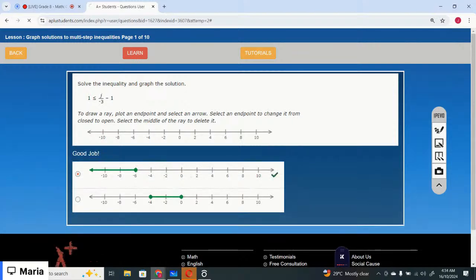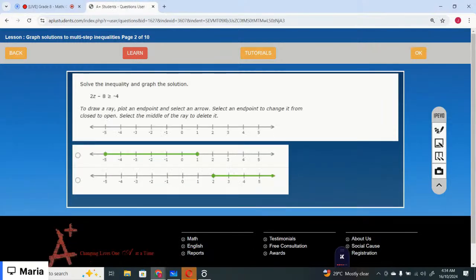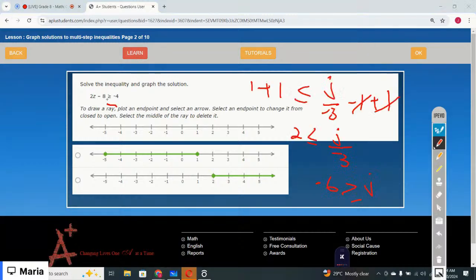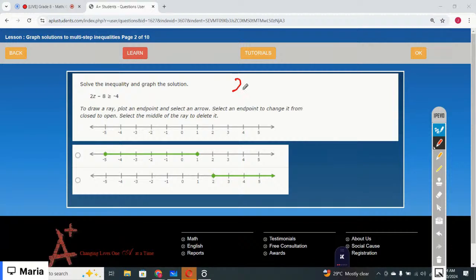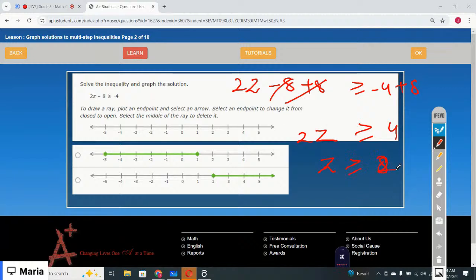So you just have to evaluate and then see which is the correct option, right? The graph is given. Solve the inequality and graph the solution. That is 2z minus 8 is greater than or equal to negative 4. So that is 2z minus 8 plus 8, negative 4 plus 8. 0. 2z is greater than or equal to 4. Now you have to divide both sides by 2.